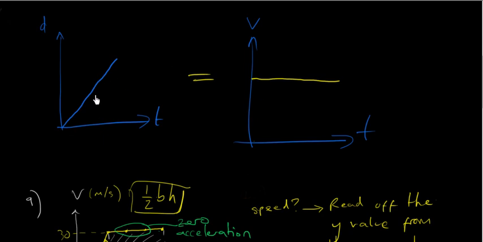If the value here is 20 meters per second, then the gradient would have to be equal to 20 meters per second. So this inclination, i.e. the y divided by the x, would have to equal 20.